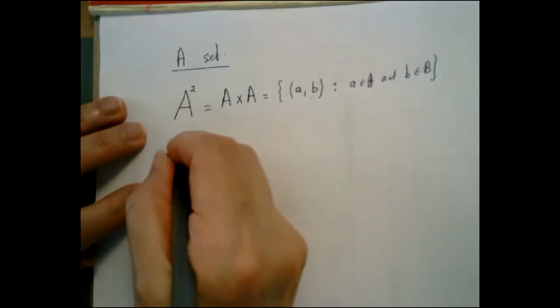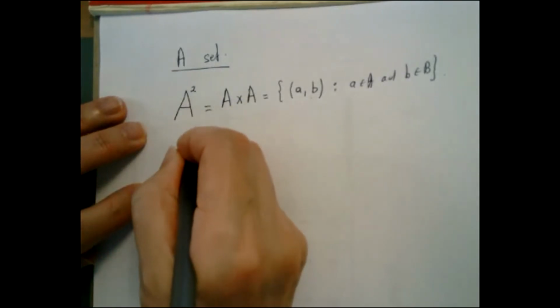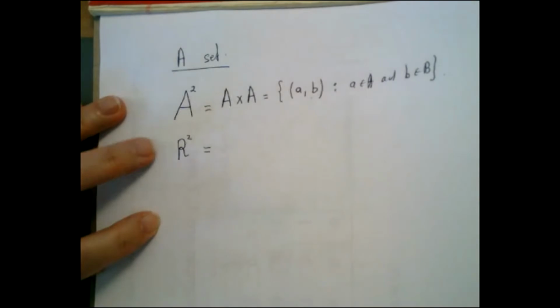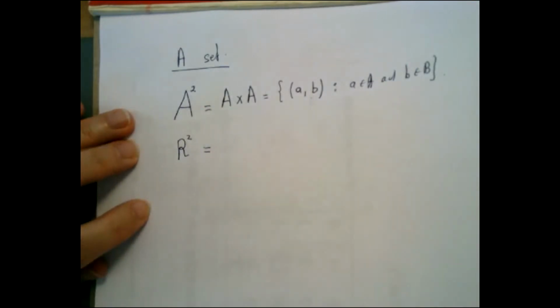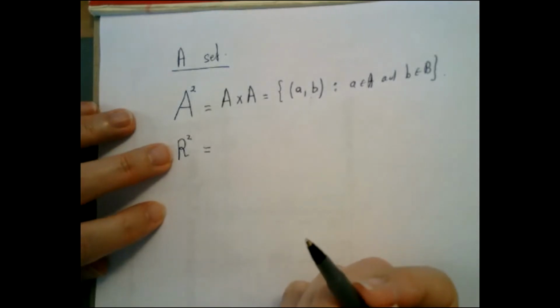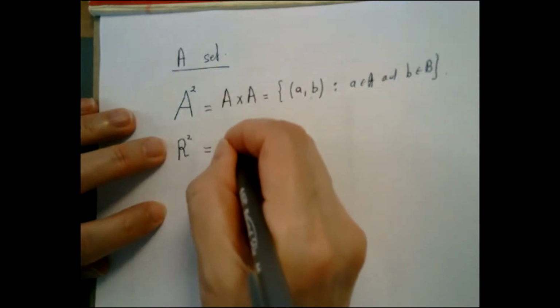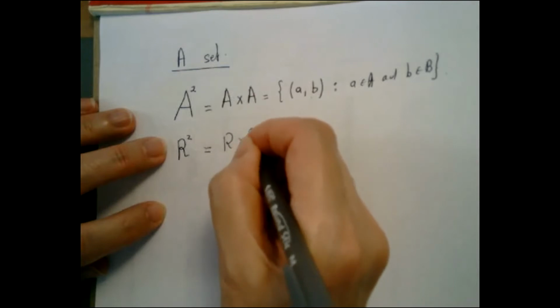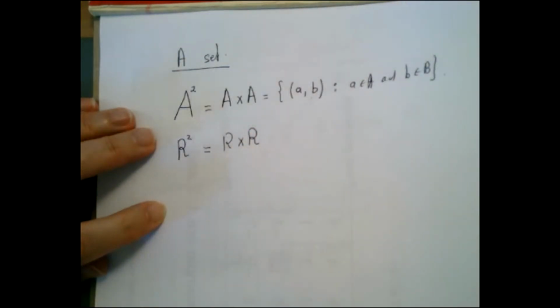With this idea in mind, a lot of you have seen R squared. And all of us visualize R squared as all the points in the plane. But what does R squared mean? R squared means R Cartesian product R. That's really the definition of R squared.